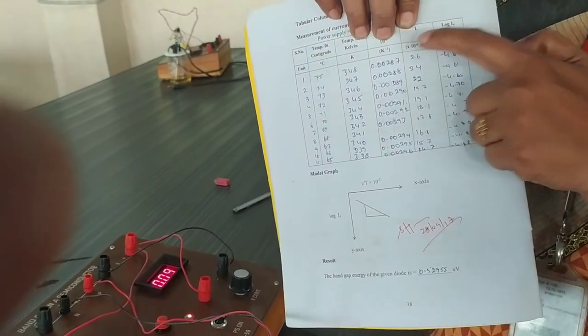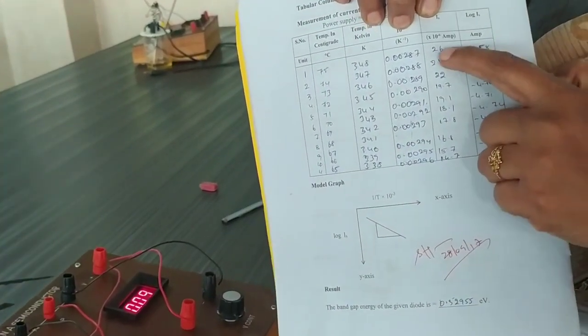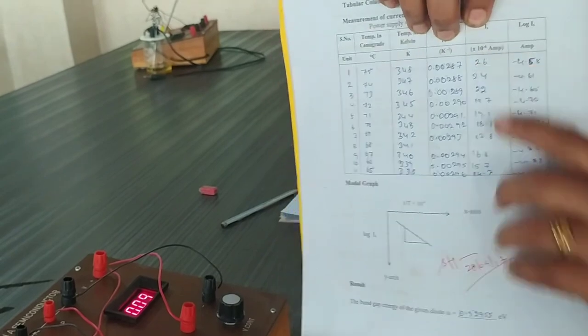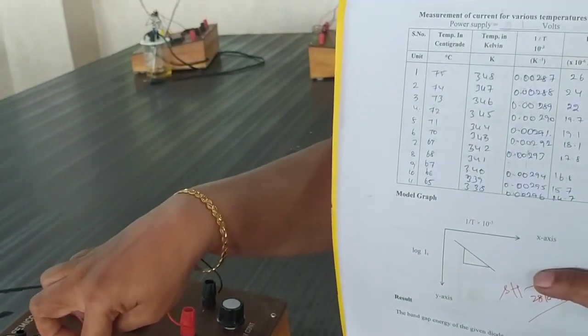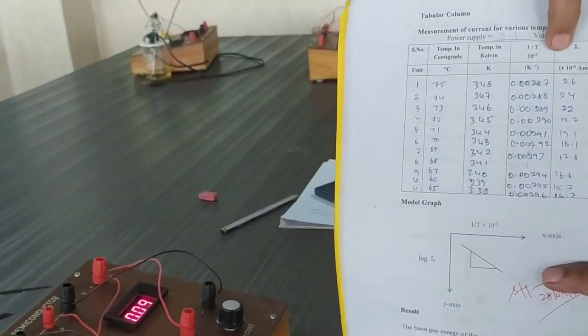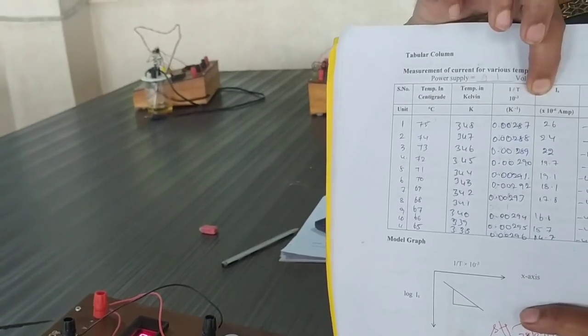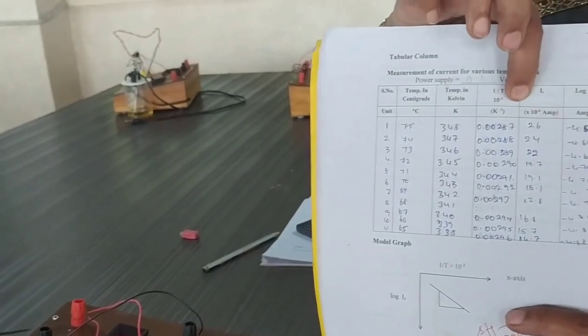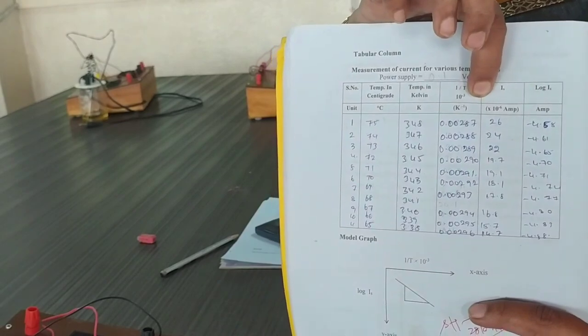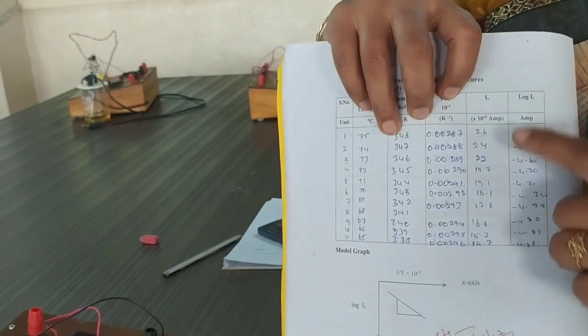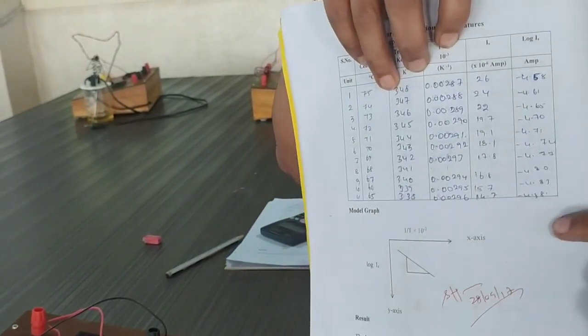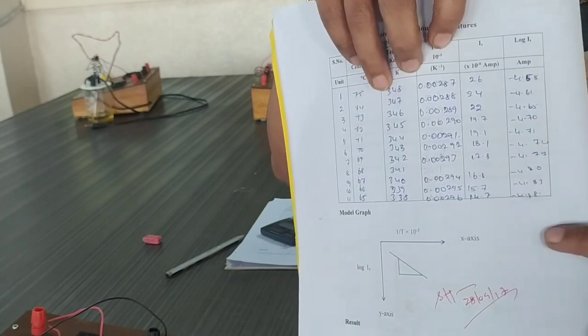When you take the log, you have to take this value times 10 to the power of minus 6, because it is a microammeter, so the current is measured in microamps. So when we take the log, you have to include the 10 to the power of minus 6. As a result, we will get a set of readings which are all negative.